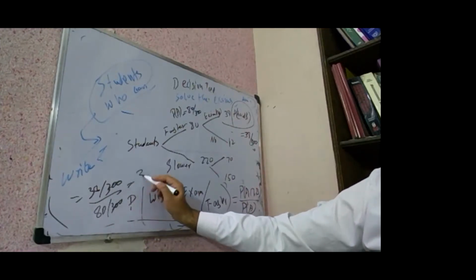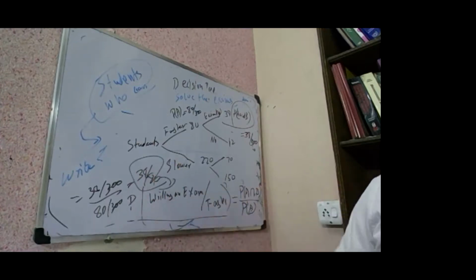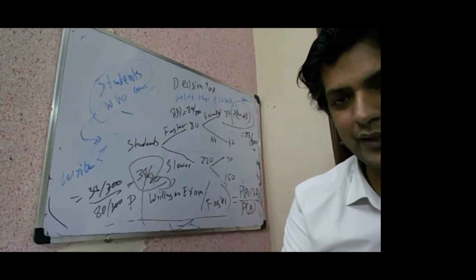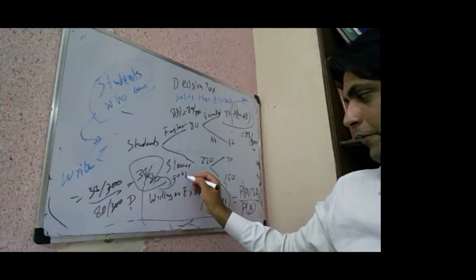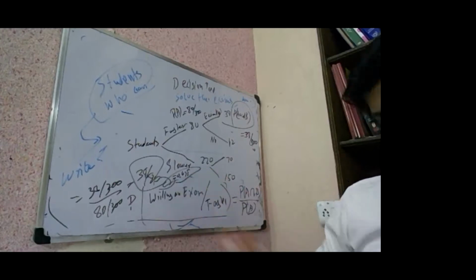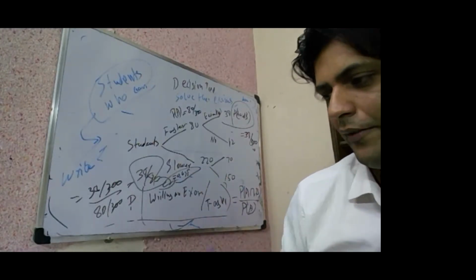So 300 cancels, it's like 38 by 80. That's going to be the probability of writing an exam given that faster. Do you understand now? If you solve it, it's like 0.475, almost. That's perfect. Thank you. You are really aware of it.